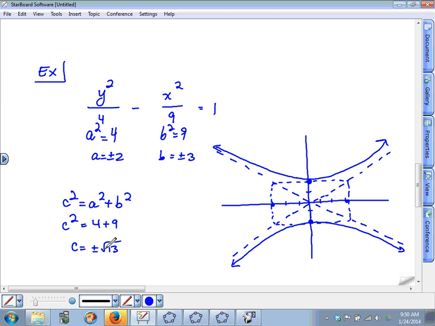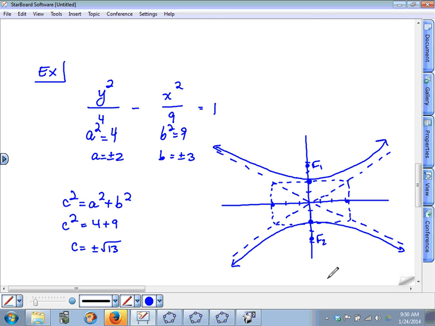So it's between 3 and 4, but closer to which one most likely? Probably closer to 4. So between 3 and 4, maybe closer to 4. So here's focus 1 and focus 2. Okay.